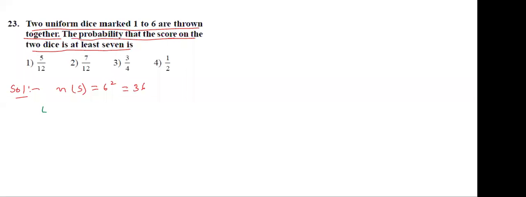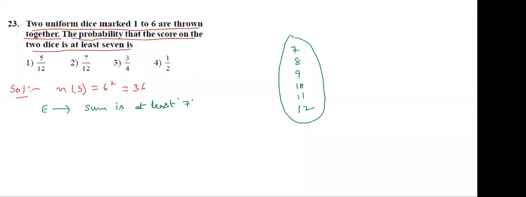E be the event that sum is at least 7. At least means minimum 7. So we can take sums 7, 8, 9, 10, 11, 12. Maximum sum is 12.